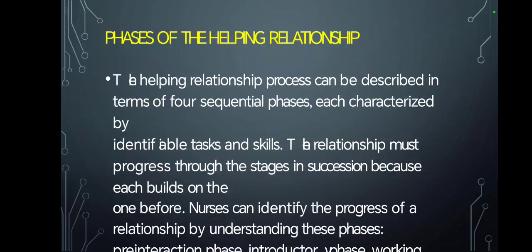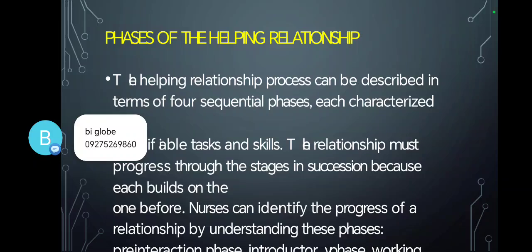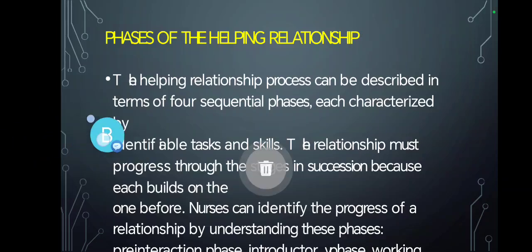Now, let's talk about the different phases of this nurse-patient relationship or helping relationship. First, the helping relationship process can be described in terms of four sequential phases, each characterized by identifiable tasks or skills, and the relationship must progress through these stages in succession because each builds on the one before.